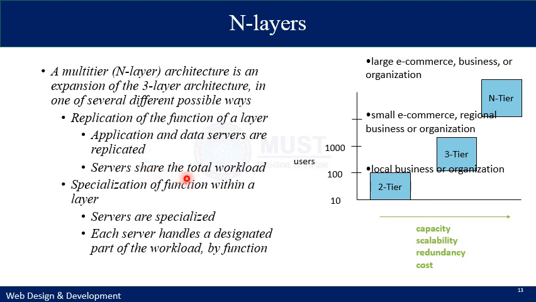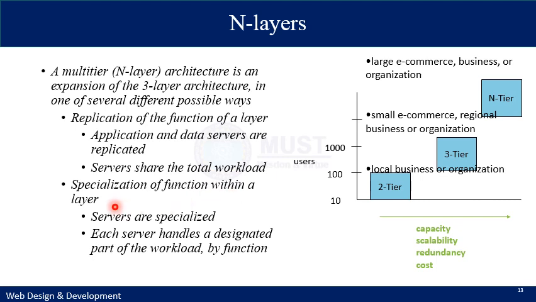Servers share the total workload, so that means you can divide the application into 2 layers or 2 servers that manage the request from each user, and the total workload is divided between each server. It can also be divided using the specialization of function within a layer.